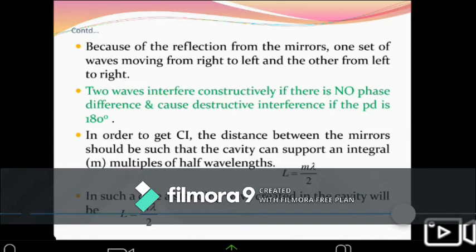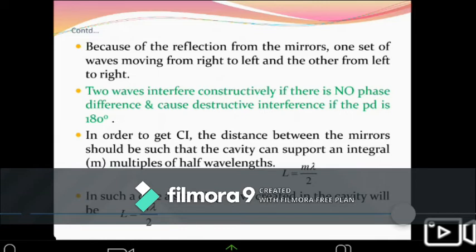Two waves interfere constructively if there is no phase difference, and destructively if the phase difference is 180 degrees. In our laser, we are getting laser output, which means it has undergone constructive interference. If the distance between two mirrors does not satisfy the condition L equal to m times lambda by 2, it will undergo destructive interference.